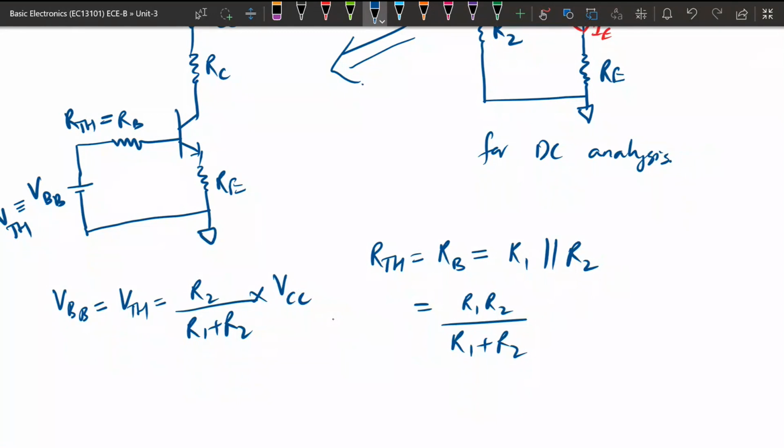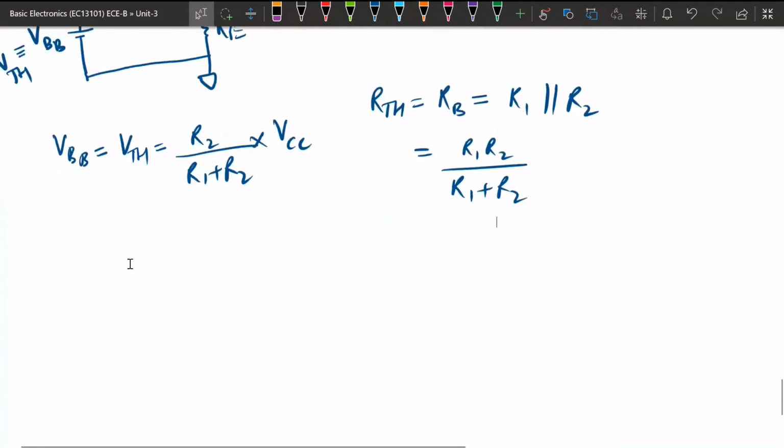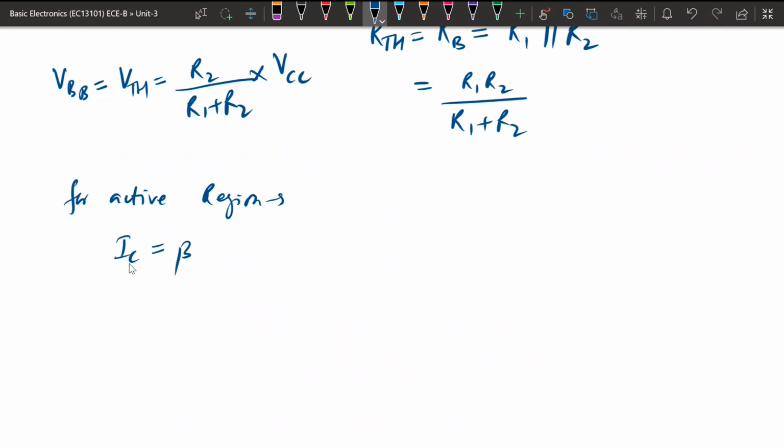So once we have reduced this circuit into its Thevenin equivalent, this simplified circuit is more familiar than the above one. So we have represented it in terms of a more familiar circuit. Now we will apply the transistor action for the active region. For active region of operation, IC will be equal to beta times IB plus 1 plus beta times ICO.